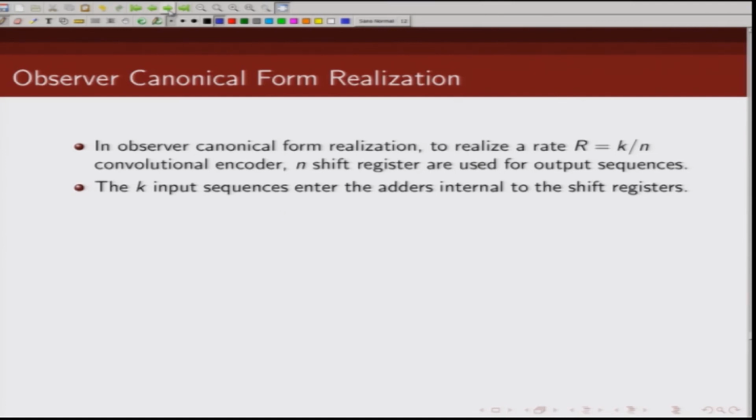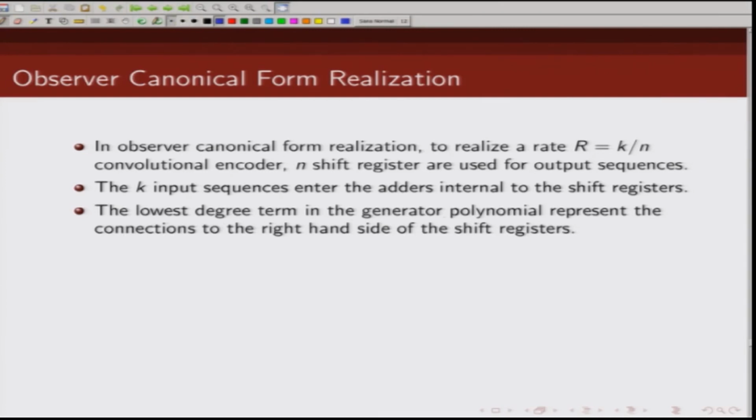We will give an example to illustrate what we mean. The lowest degree term of the generator matrix represents the connection to the right hand side of the shift register. In the controller canonical form realization, the lowest degree term was on the left hand side. Here the lowest degree term will be on the right hand side.